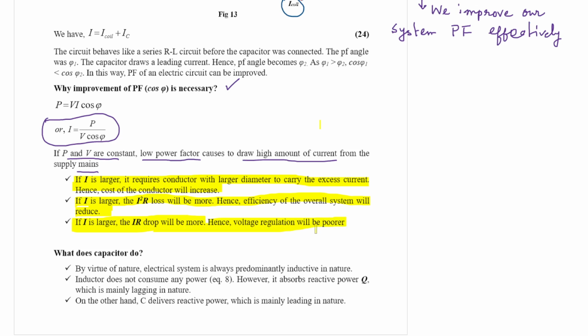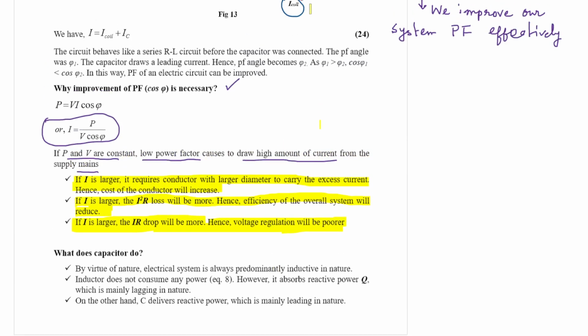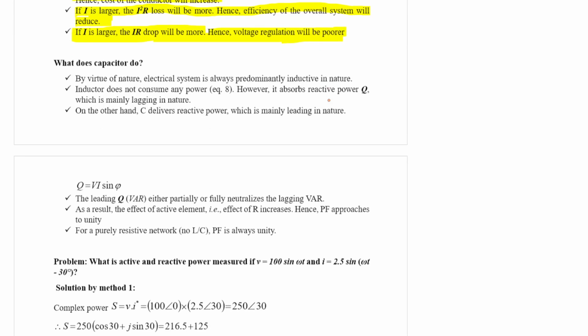Now, it is quite interesting that if we add a capacitor, then the power factor will improve. That's amazing. But what does a capacitor do? What is the relationship of that capacitor with the power factor, and why does power factor improve with the inclusion of the capacitor?